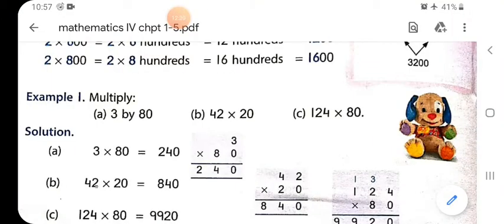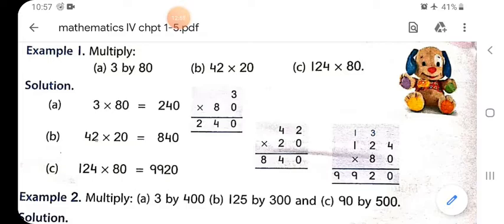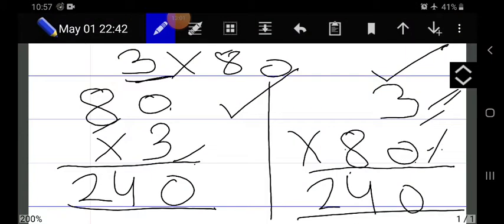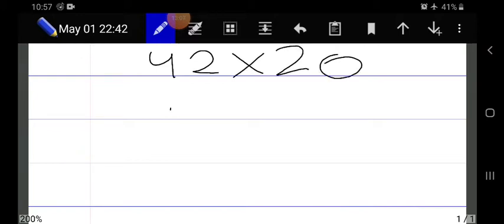The A part is the simple one, but in the B part, as you can see, you have to multiply a two digit number with a two digit number. So in this case, suppose as in part B, we have to multiply 42 with 20.